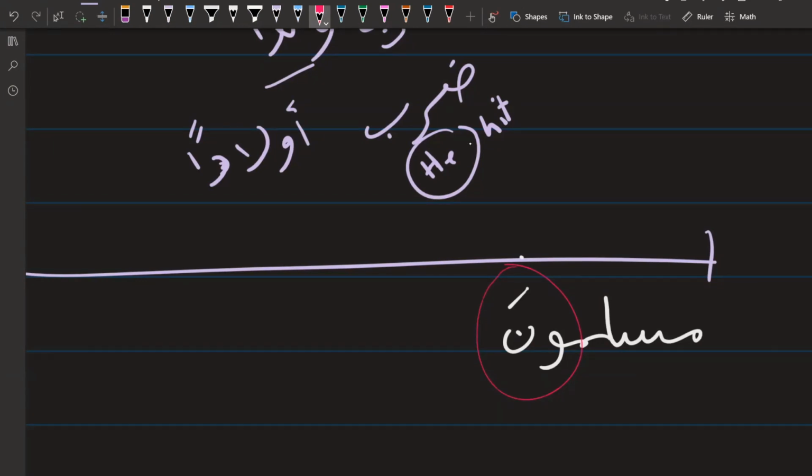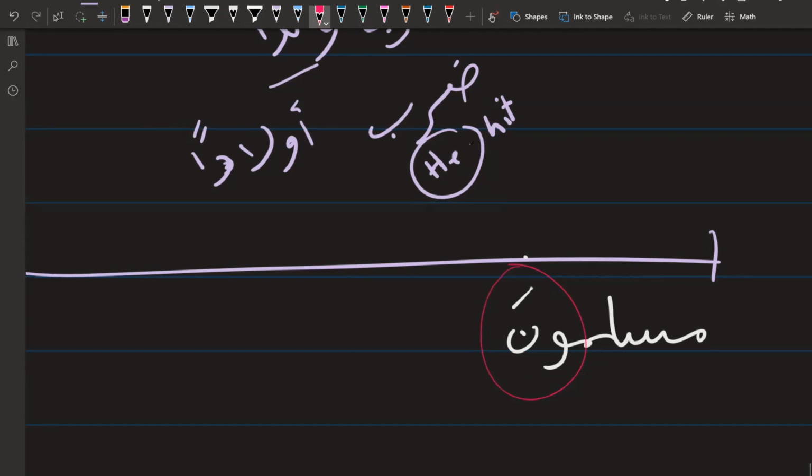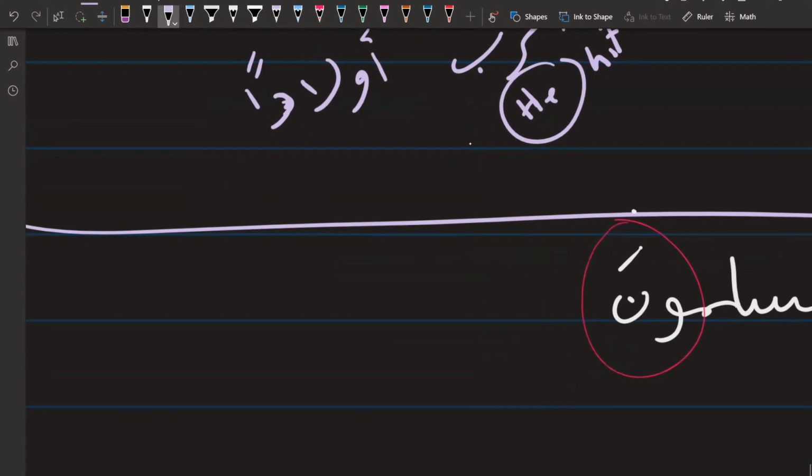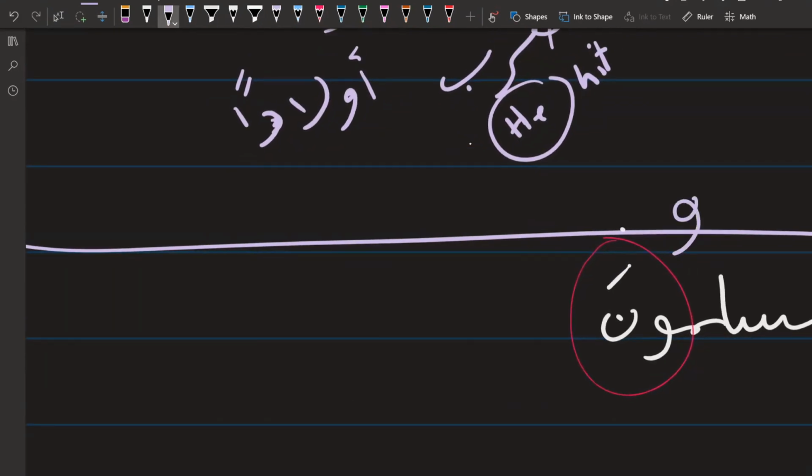So then how do we say something in the accusative or genitive? Here we added waw and noon. I'm using so many colors, right, guys? Just to make your life easier by making my life difficult. Waw and noon. And for accusative and genitive, you add ya and noon. Now, you might be scratching your head. I don't know if you guys scratch your head or not. I always think you are.